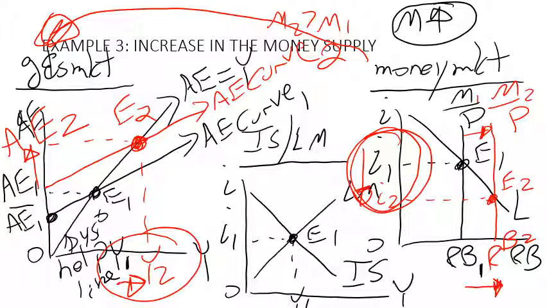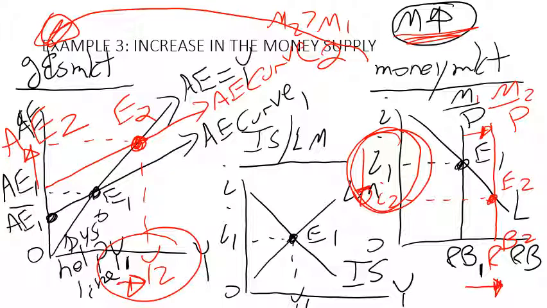So let's go back to the event, this increase in the money supply. Question, this increase in the money supply, is this an IS event or an LM event? It's an LM event, because the LM curve represents the money market, and it is in the money market where the event started.